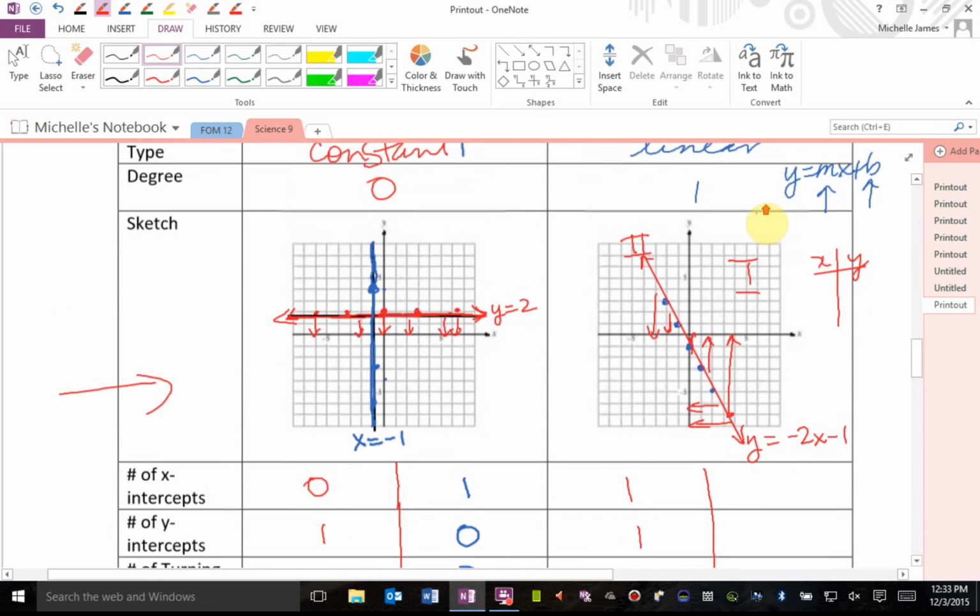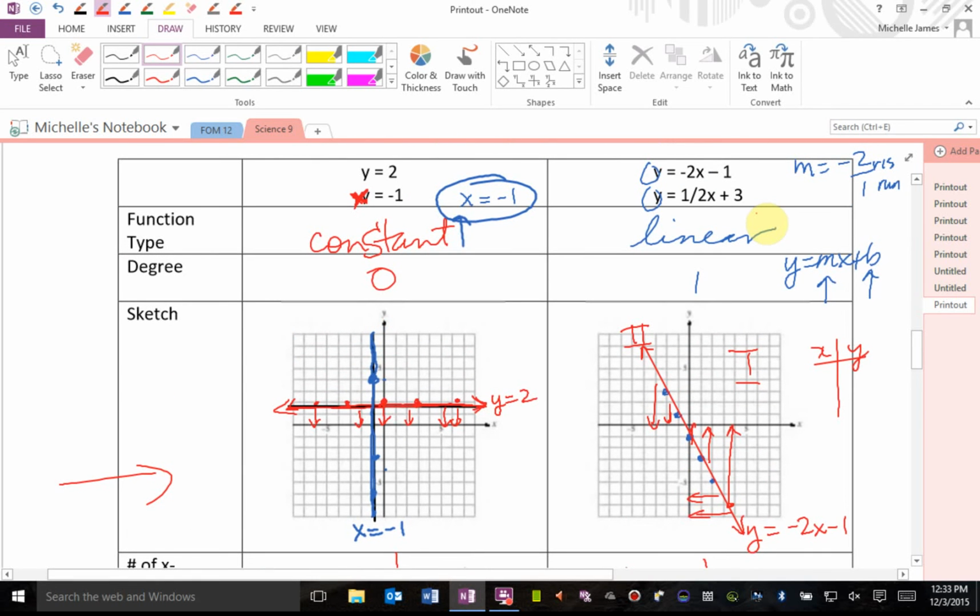Graph your second line of y equals 1/2 x plus 3. Start on the y-axis at 3, up 1, over 2, or down 1, back 2.